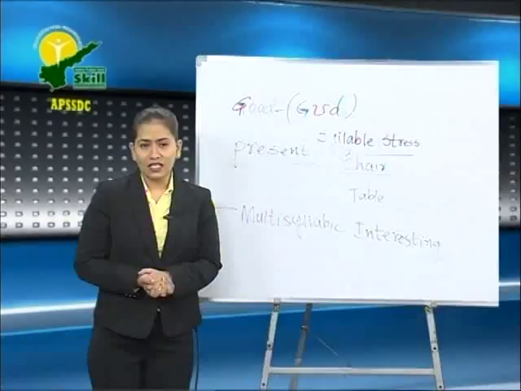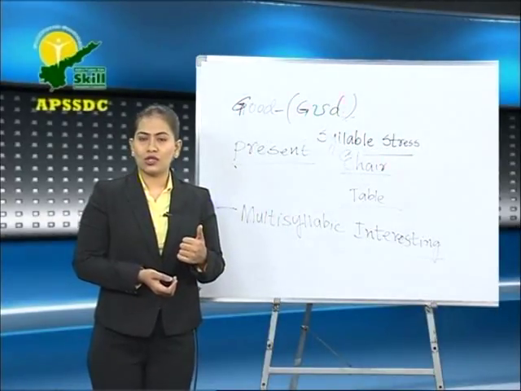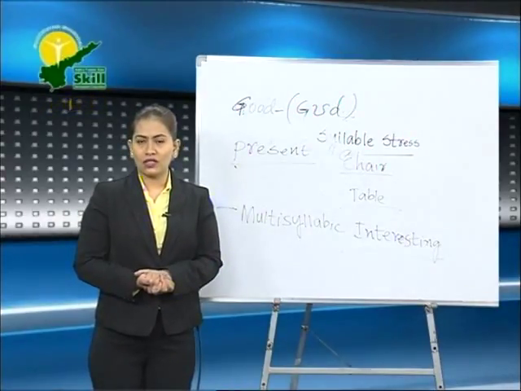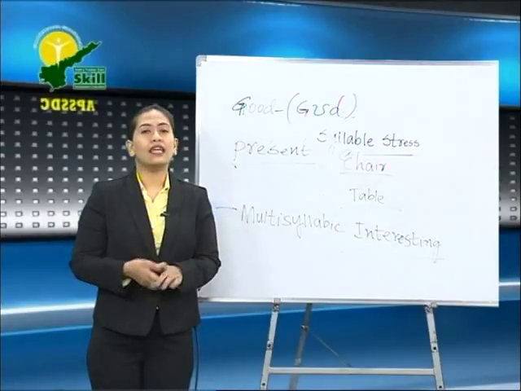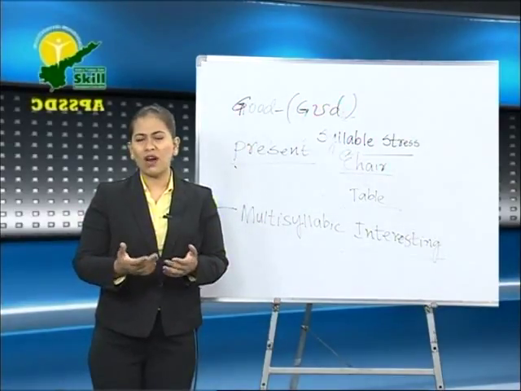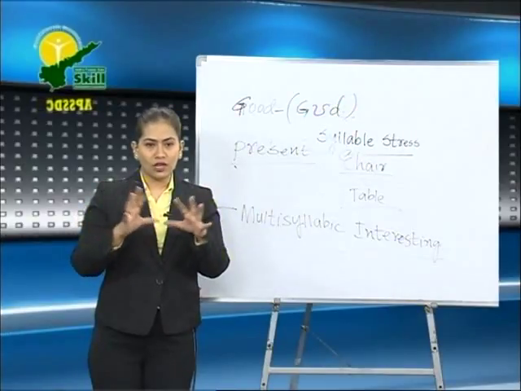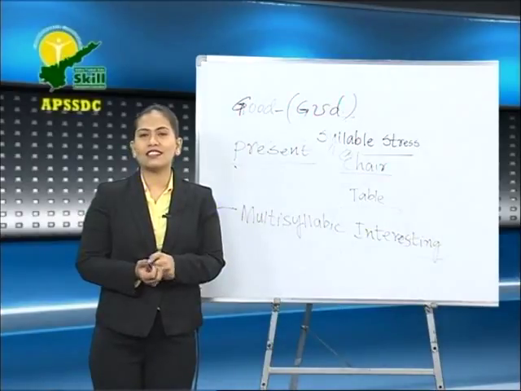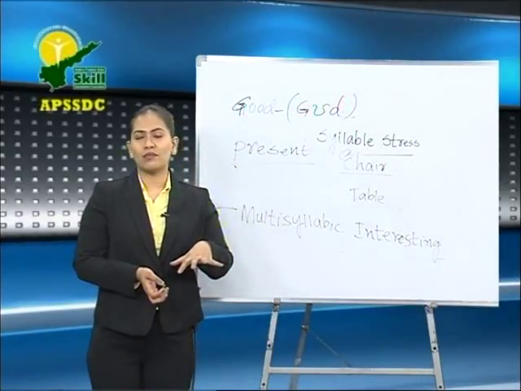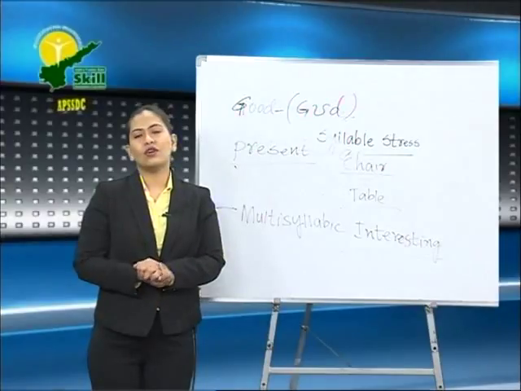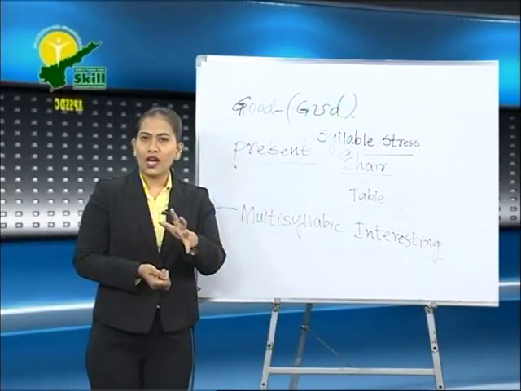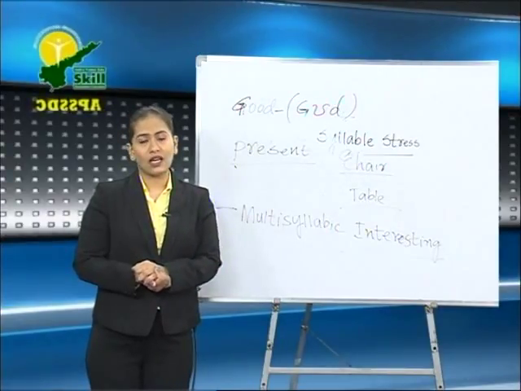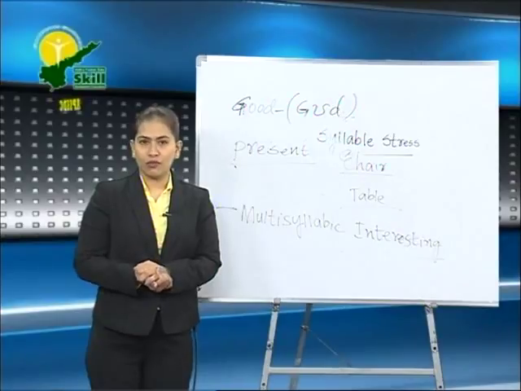We have already discussed that a monosyllabic word is a word which has one syllable, a bisyllabic word is a word which has two syllables, and anything beyond two syllables is your multisyllabic words. So look up the words around you in the environment, list them down on your monosyllabic list, bisyllabic list and your multisyllabic list. Start observing the primary stress pattern and the secondary stress pattern. That can certainly help you to get this information correct.